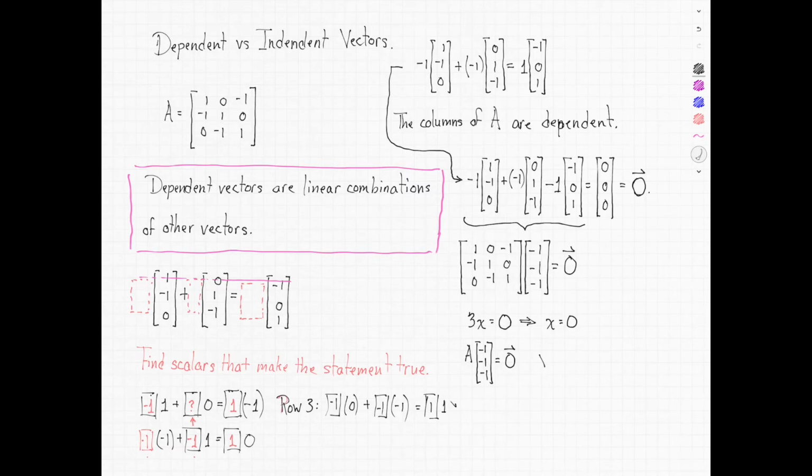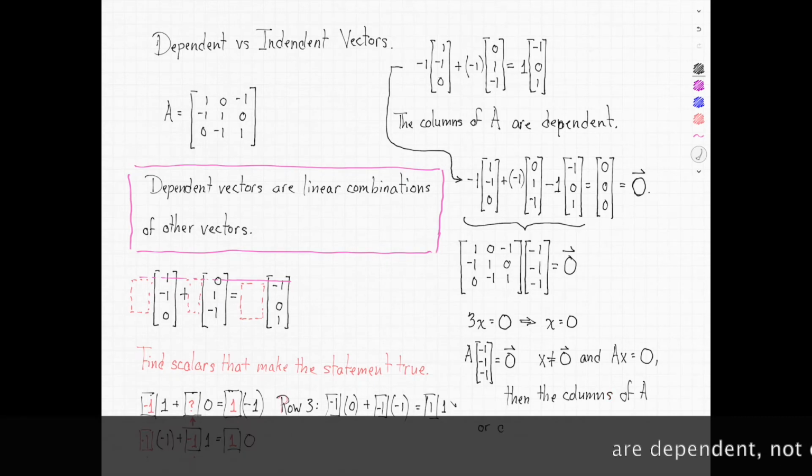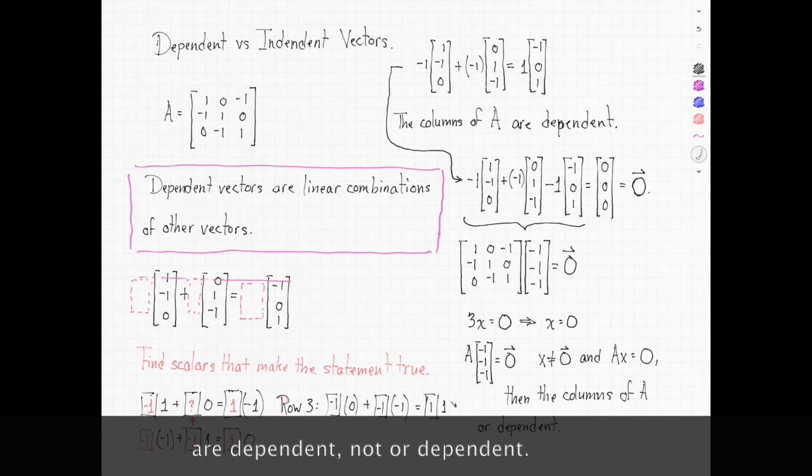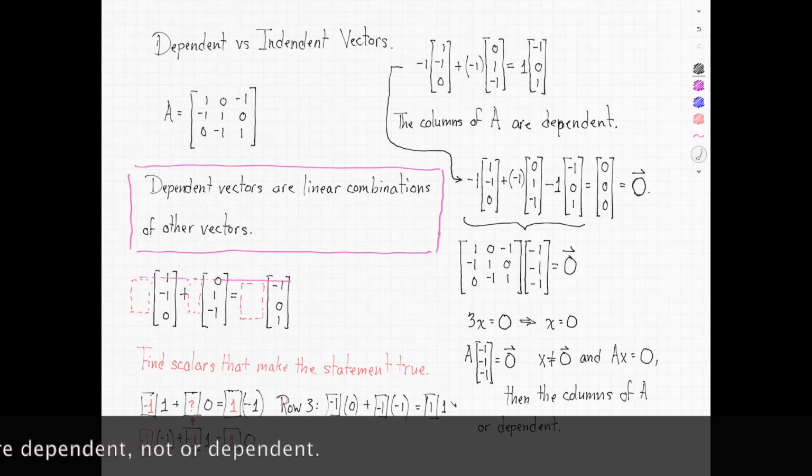Now, when x is not 0, or not the 0 vector, and Ax still equals 0, then what happens? Then the columns of A are dependent. And this also means a few more things.